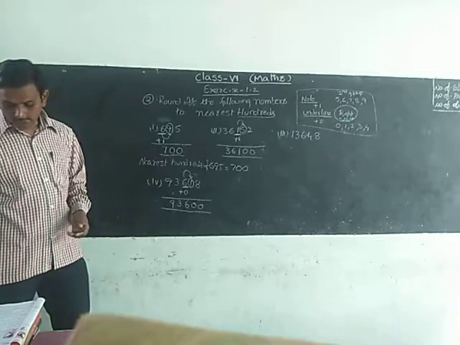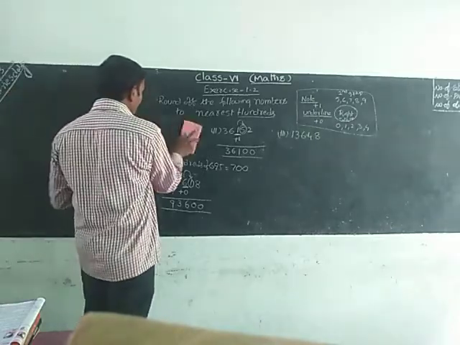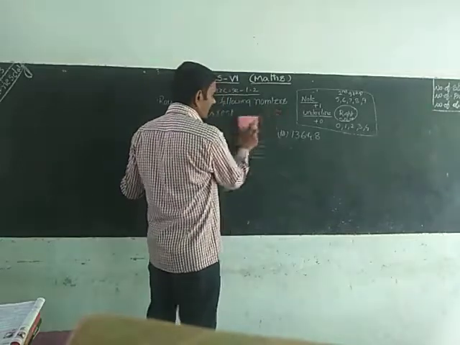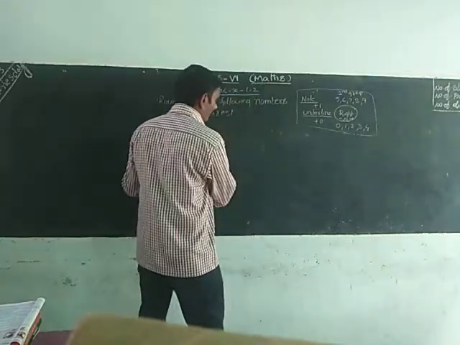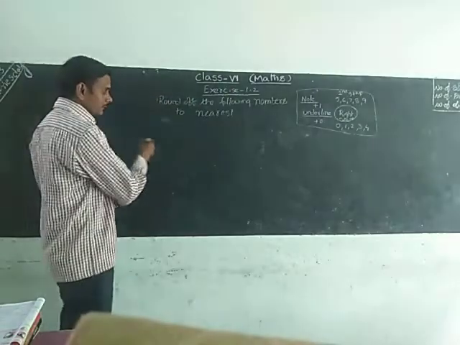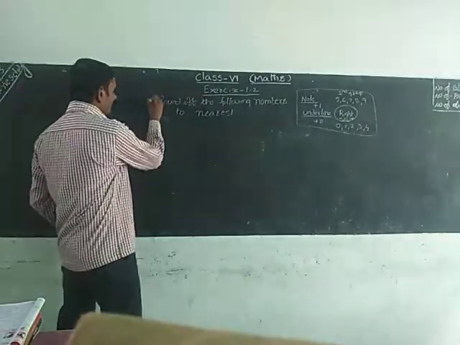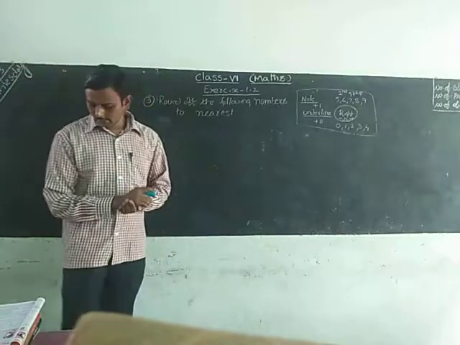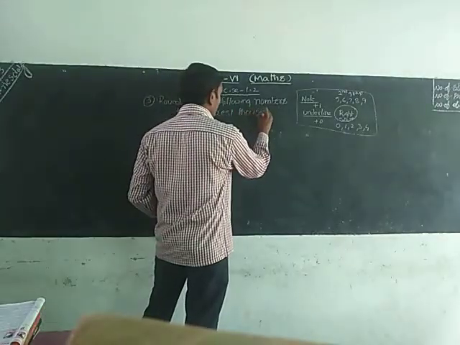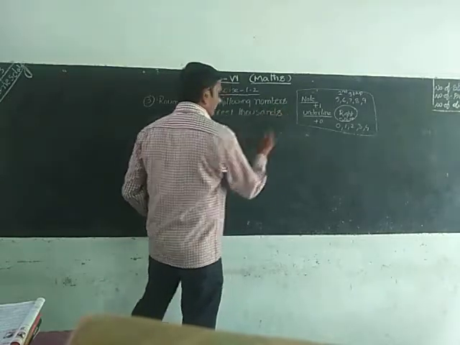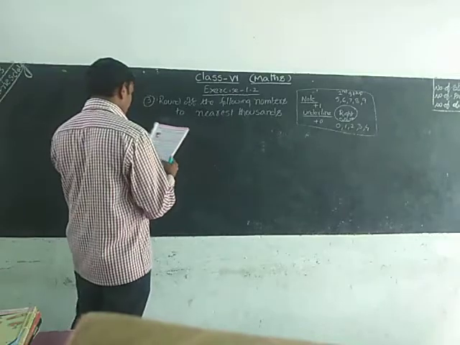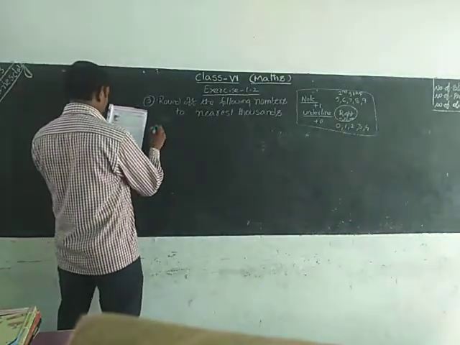Now we go for the third one. Round off the following numbers to the nearest thousands. In this also we have four sums.